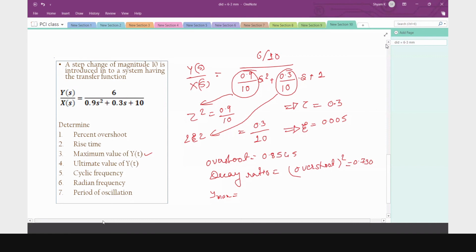ठीक है, You can calculate cyclic frequency, radian frequency, period of oscillation. ठीक है, T is 2 pi tau by under root 1 minus psi square period. Okay, omega, calculate 2 pi f.